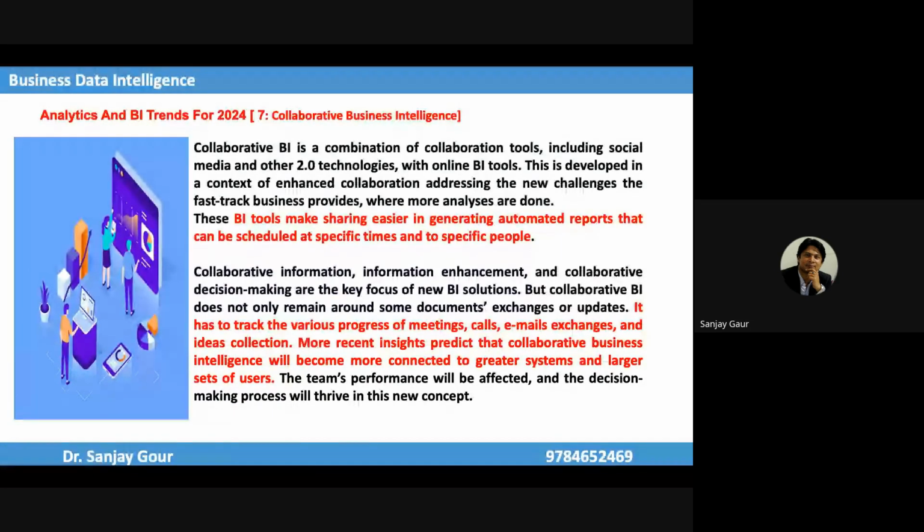Collaborative information exchange and collaborative decision making are the key focus of the new business solutions. Different kinds of DigiLockers and facilities provided by the government are a good example of the collaborative approaches.